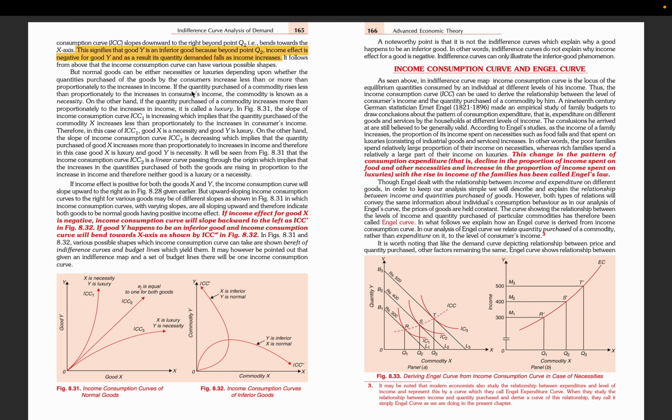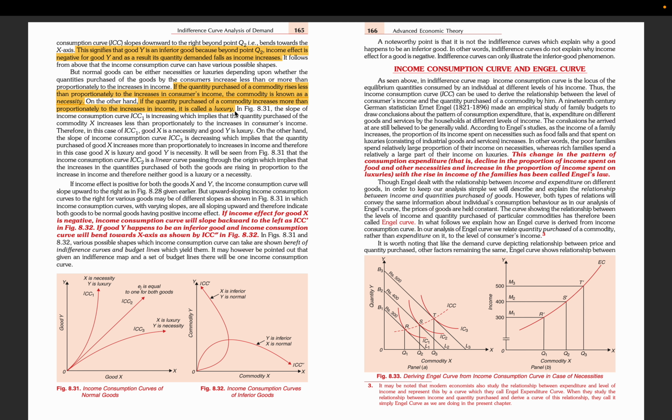If the quantity purchased of a commodity rises less than proportionately to the increase in the consumer's income, the commodity is called a necessity. On the other hand, if the quantity purchased of a commodity increases more than proportionately to the increase in income, it's called a luxury, because that good would cost so much more.